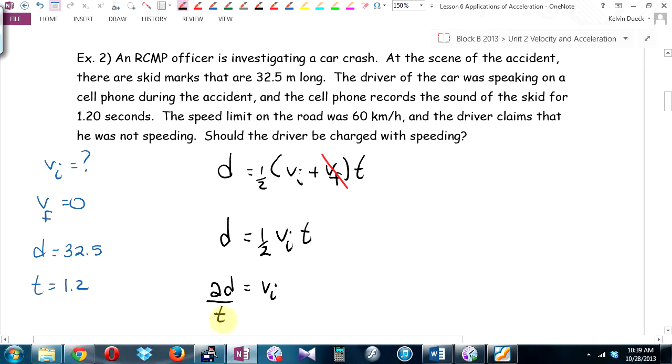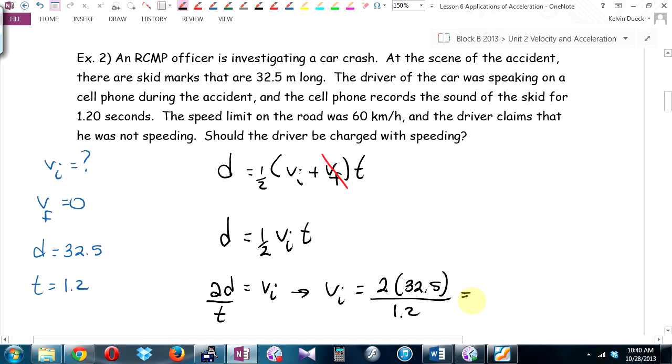Okay. I guess that's a new equation that I could memorize when VF is 0. Forget it. I can derive it if I need to in one line. Not worth memorizing. Plug and chug. VI is going to be 2 times 32.5 divided by 1.2 in meters per second.